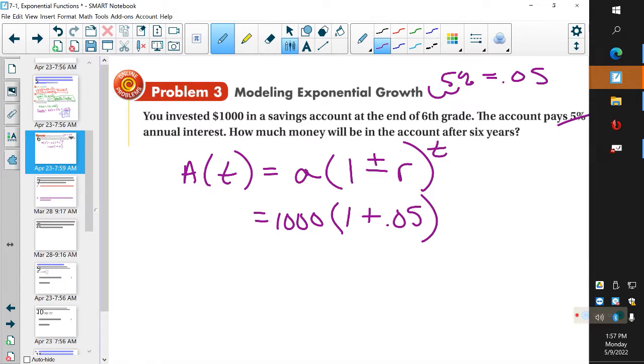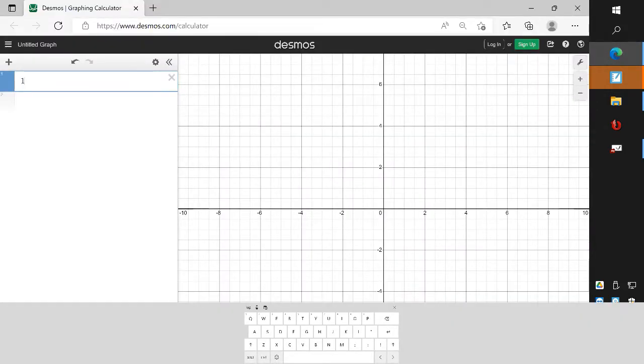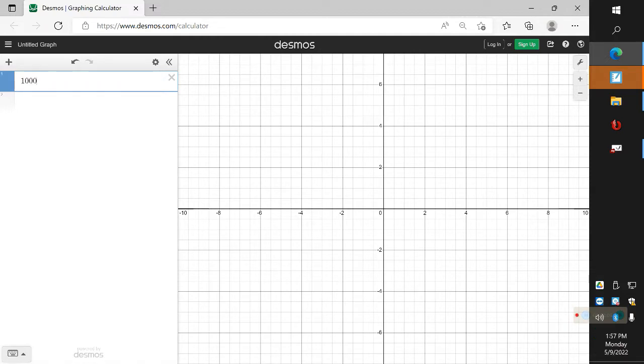And then it says how much money will be in the account after 6 years? So 6 for the t. You are going to put into Desmos 1,000 parenthesis 1.05 close parenthesis to the 6th power. So we're going to come over here and we're going to do that. $1,000 parenthesis 1.05 raised to the, what was the year? 6.